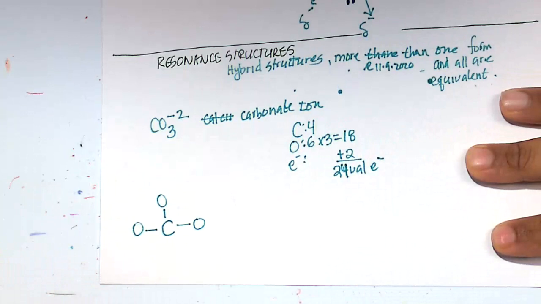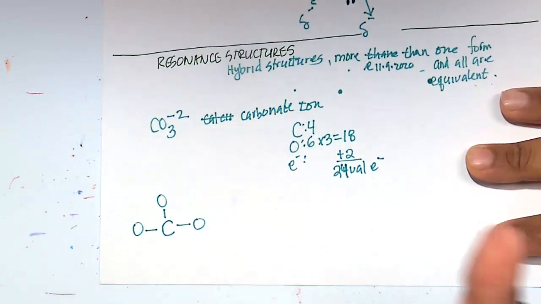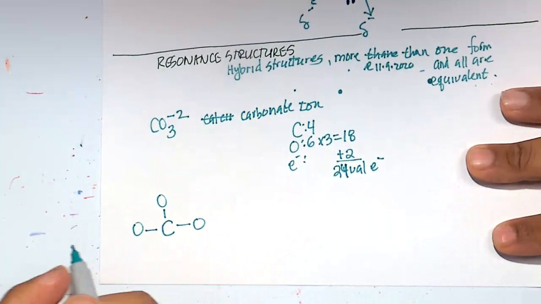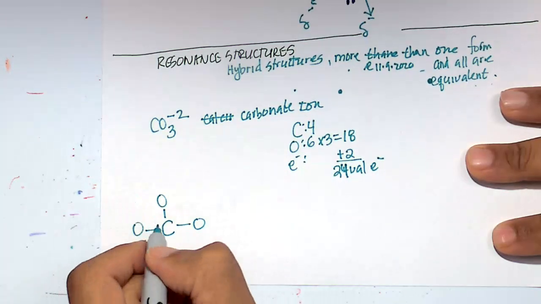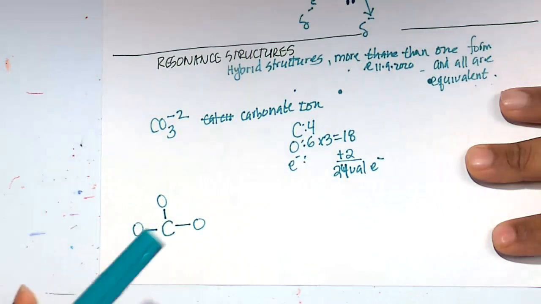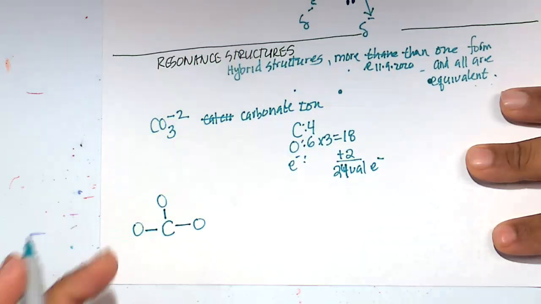By the way, carbon loves what? No matter what, you have to know this. Carbon loves 4. So how will I get to 4? When I have 3 bonds and an extra 2, how will I get to 4 here? Not a single bond, but a double bond.